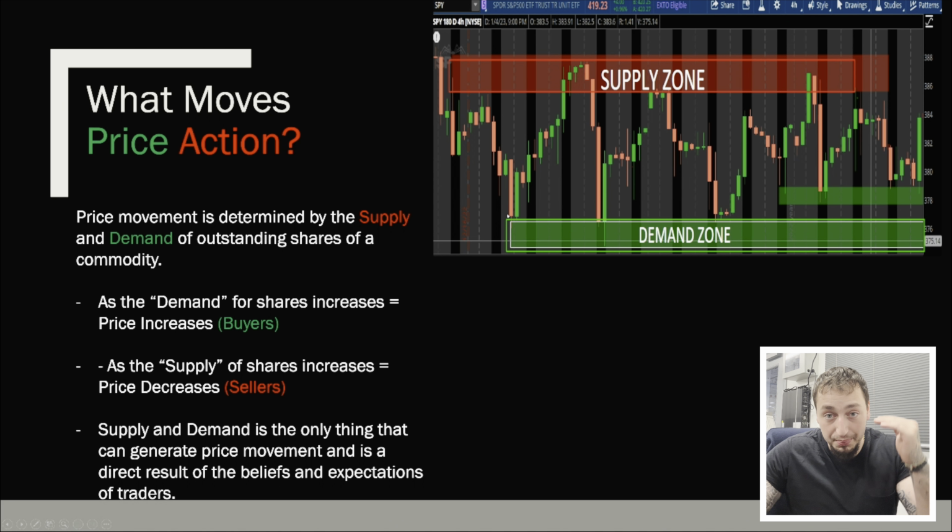That's why every time price comes into it, price goes up. And same with supply, but reverse. At 386, there's large influence that the price is too high. So a lot of those shares are getting sold at 386, which is making the price go down. So this is the imbalanced market of supply and demand.